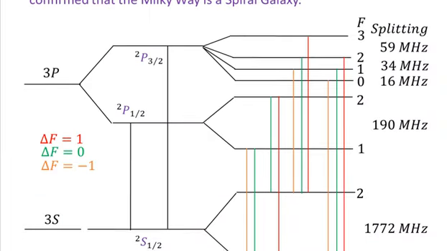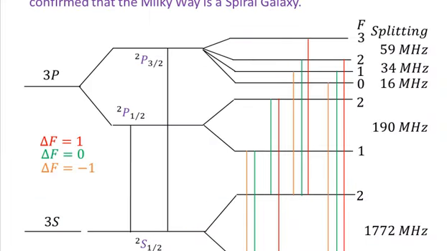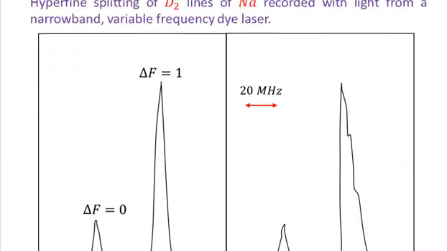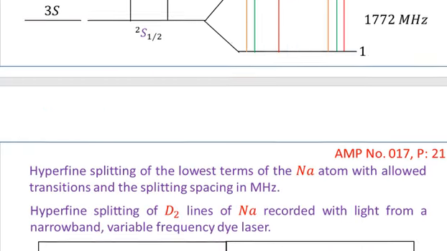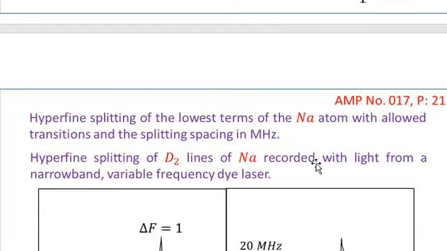Now here I am giving you this structure, and this is the hyperfine splitting structure for the case of sodium. Let me first go through the paragraph. Hyperfine splitting of the lowest terms of the sodium atom with allowed transitions and splitting spacing in megahertz.